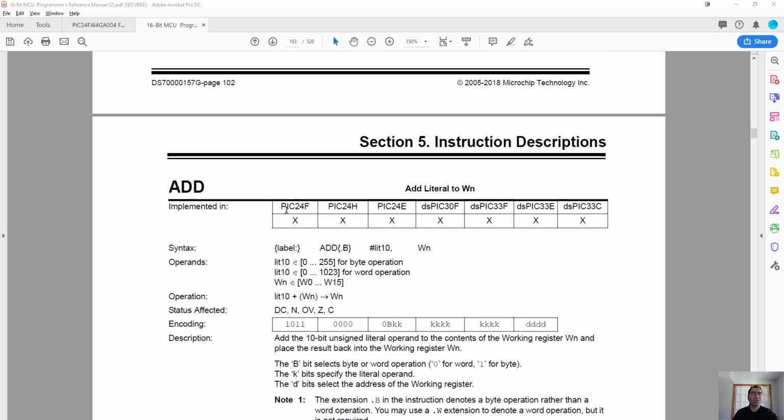Okay, the first instruction we have here is the add instruction. Again, there are multiple add instructions, like 8-9 of them, I don't remember. We can look at it from the table. Let's look at this specific add instruction, add a literal to Wn. So basically we can add a literal, a constant value, to a certain register.